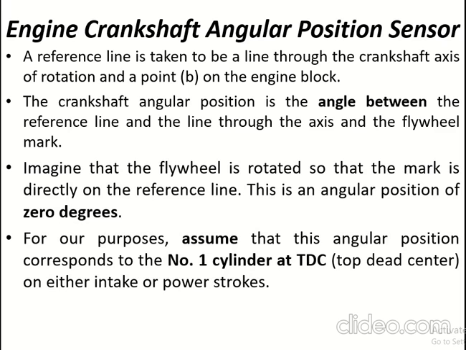In vehicles there can be various numbers of cylinders, either 4 or 6. So when the angular position is at 0 degrees, that means the flywheel mark is on the reference line, and at that time we consider that the number 1 cylinder is at TDC, with either the intake or power stroke considered.